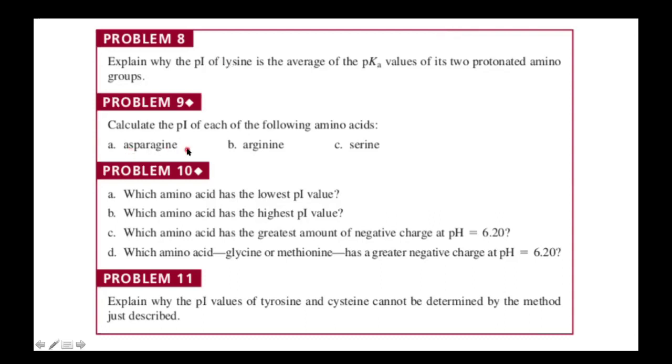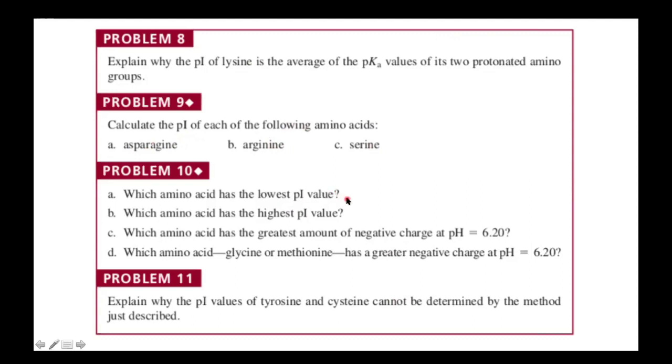For asparagine, arginine and serine, you are asked to calculate PI. Just go through the steps which have already been given. Try to draw all three amino acids and find out the PI value for the respective one. What would be the value? Just comment below. So the next question is which amino acid has the lowest PI value?